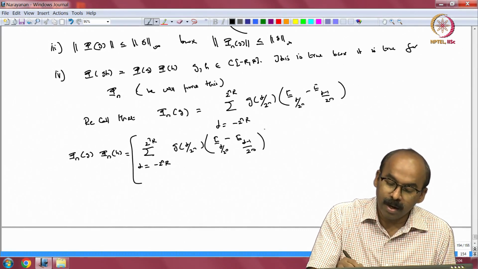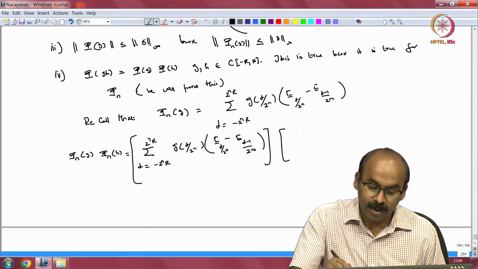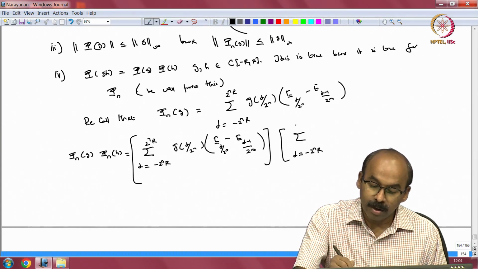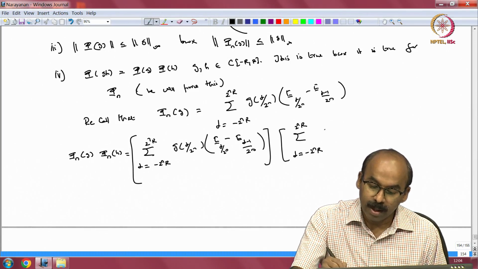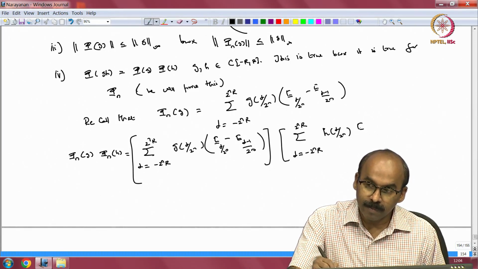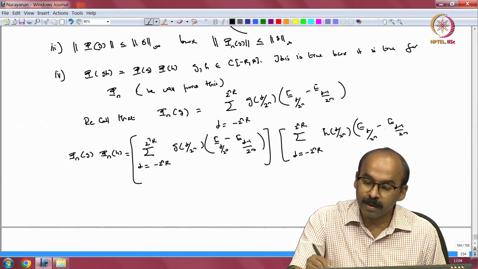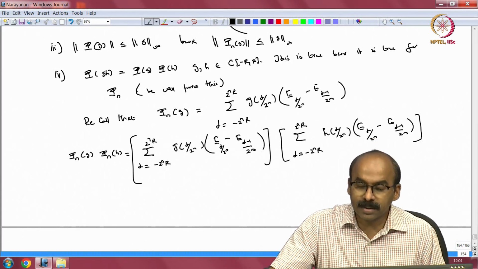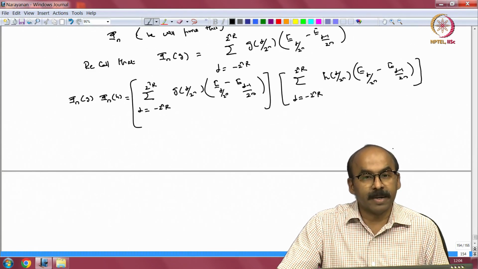So, this is one times the next one, summation j equal to minus 2 to the n r to 2 to the n r, h at j by 2 to the n, E j by 2 to the n minus E j minus 1 by 2 to the n, right.